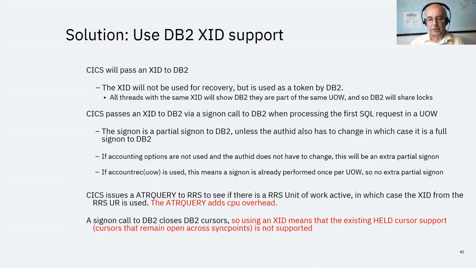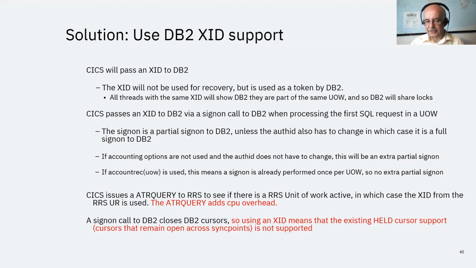So there is a small overhead there. But if you, for example, had ACCOUNTREC(UOW) on your DB2 entries, that says I want to cut an accounting record in DB2 for every unit of work, then you're already doing partial sign-ons per unit of work, and so there's effectively no extra overhead for you.